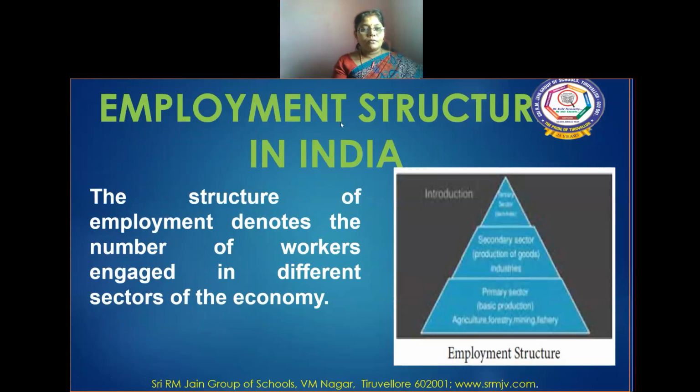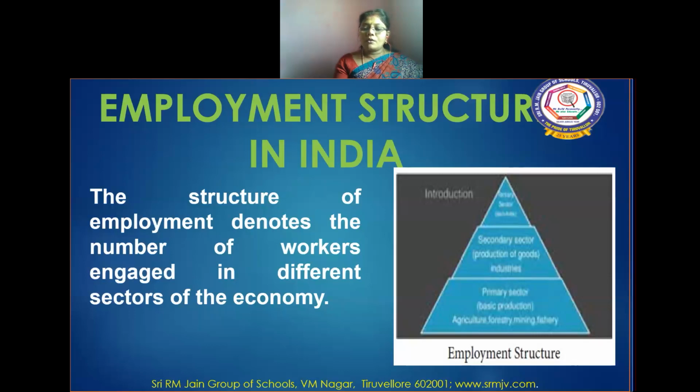First one, employment structure in India. So before that, what is meant by employment? Each and every human being has three basic needs, that is food, clothes and shelter.